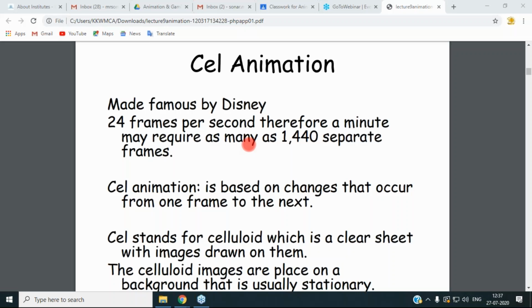Cell stands for celluloid. Why is the name given as cell animation? Cell stands for celluloid, which is a clear sheet with images drawn on them. So cell animation is where you have a particular sheet made up of celluloid, which is a clear sheet where we can draw the images.